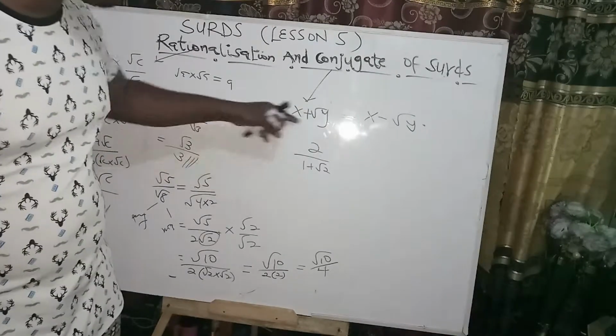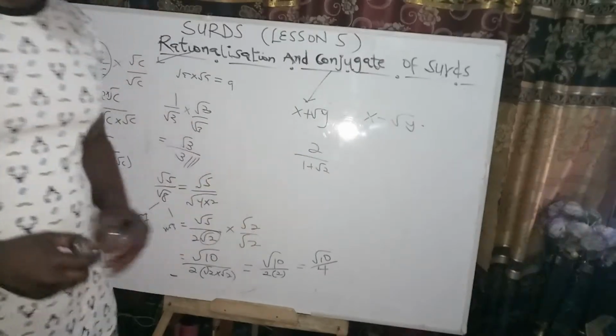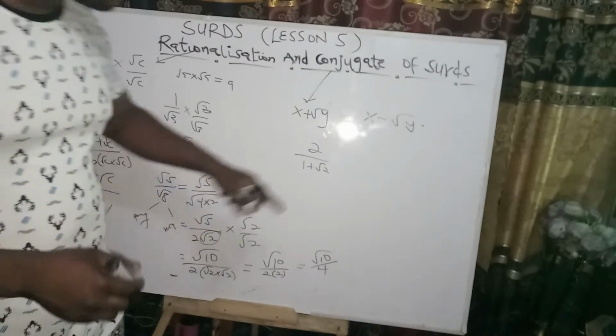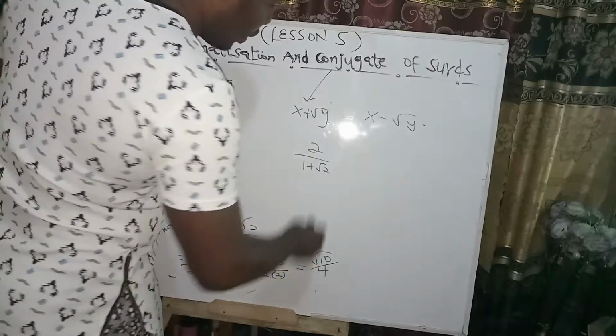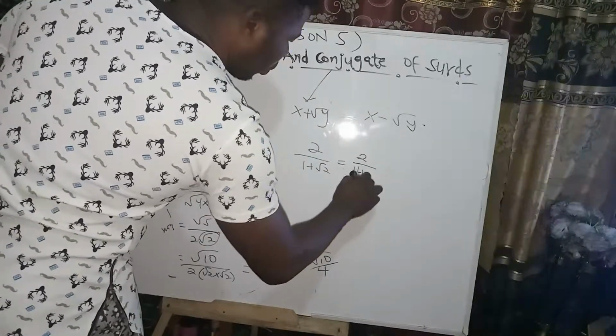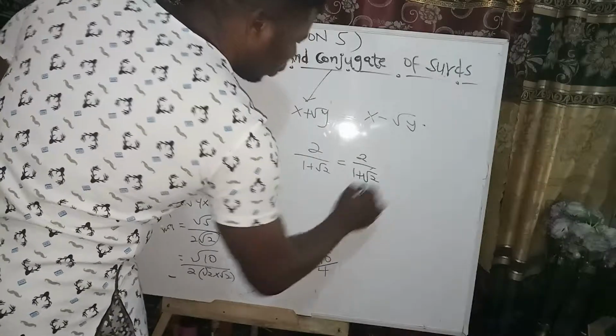You are going to change the sign, all right. But after changing the sign, something is also going to happen. So we are going to express this as 2 over 1 plus root 2.